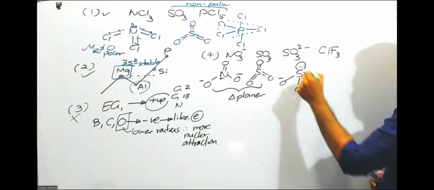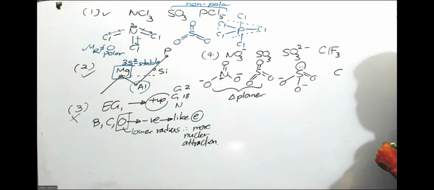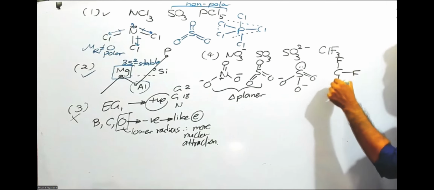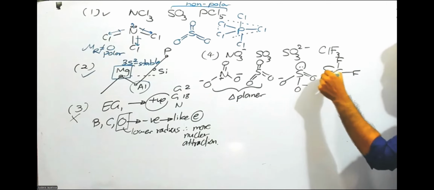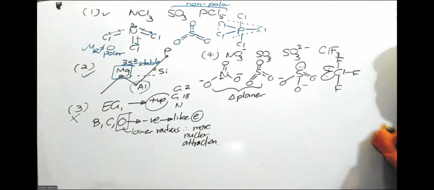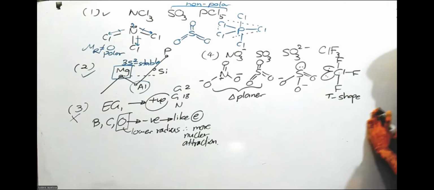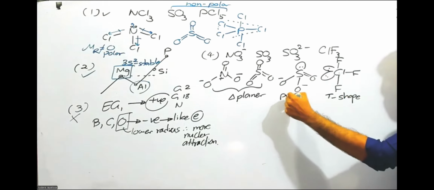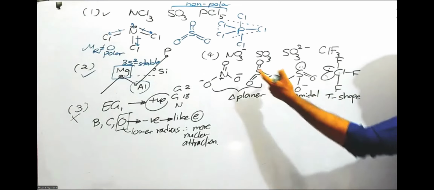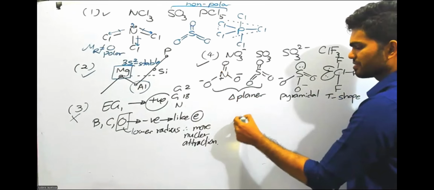You have a lone pair, so pyramidal. And ClF3, you have two lone pairs. So this has a T shape, no? Yeah, that is correct. This is trigonal pyramid, and that is T shape. So only these two have the same shape. So that is a correct statement, not going to be the answer.